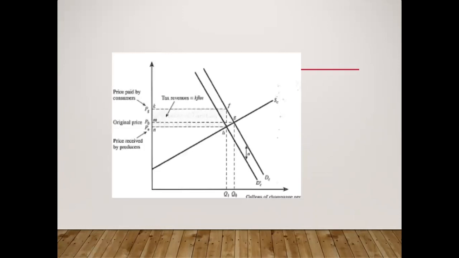In this figure, this occurs at output Q1, right? Thus, the tax lowered the quantity sold from Q naught to Q1. If a tax is imposed on consumers, the demand curve shifts downward, and the quantity is reduced from Q0 to Q1, right?